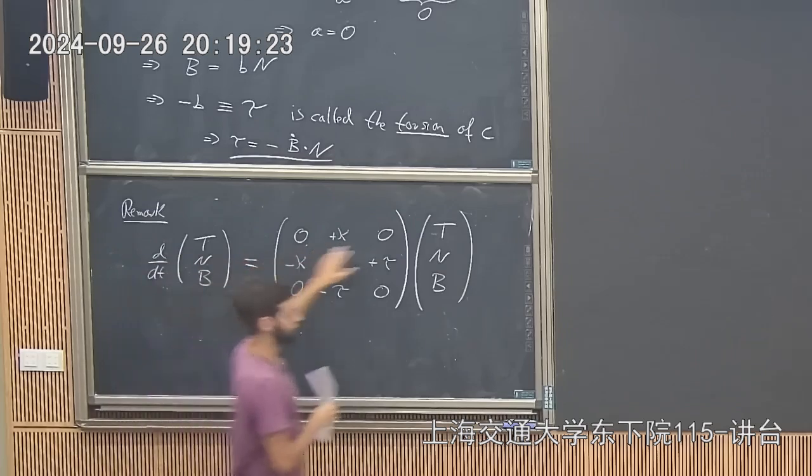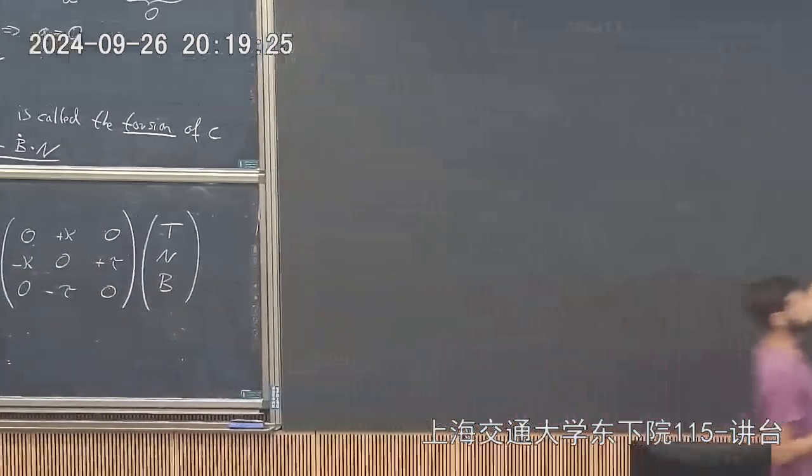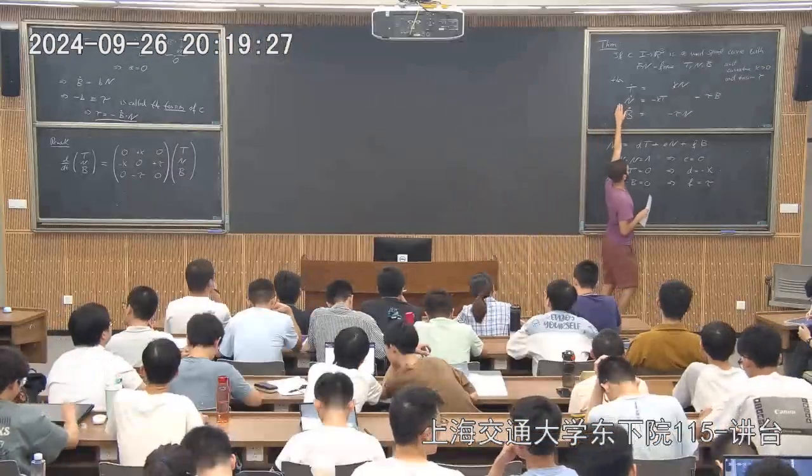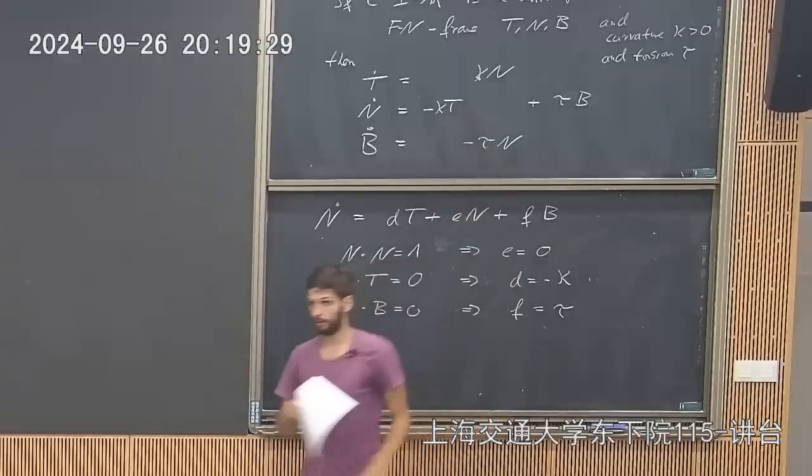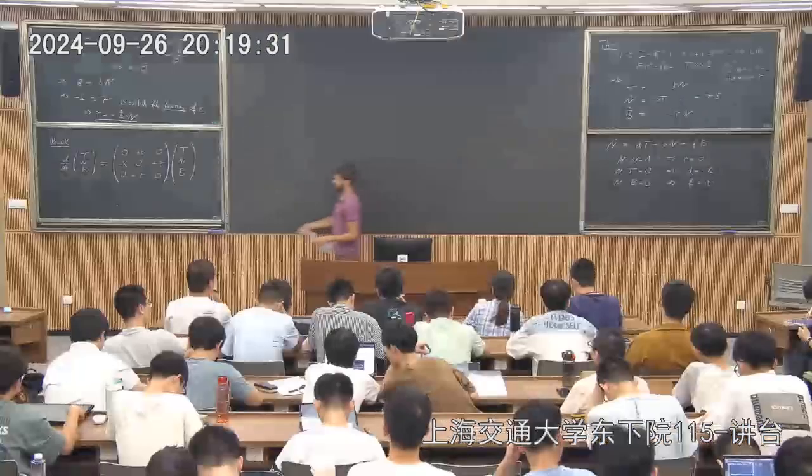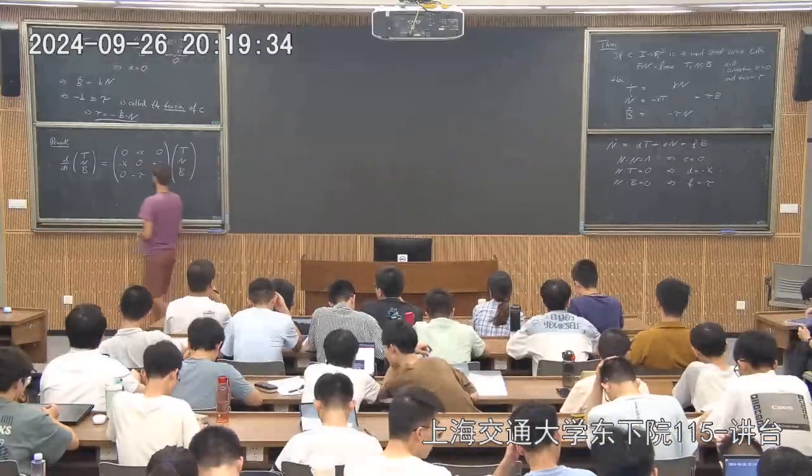So that's just a reformulation of exactly this equation here, that the time derivative of t equals kappa times n.